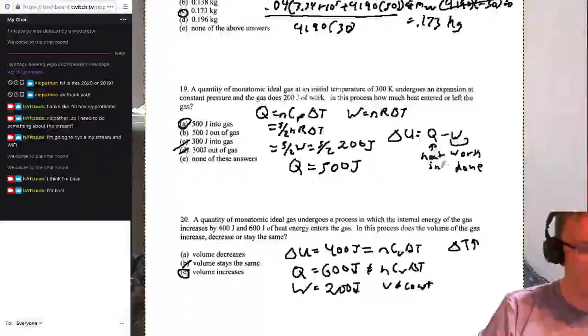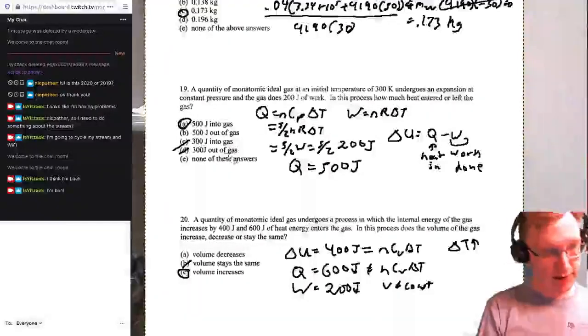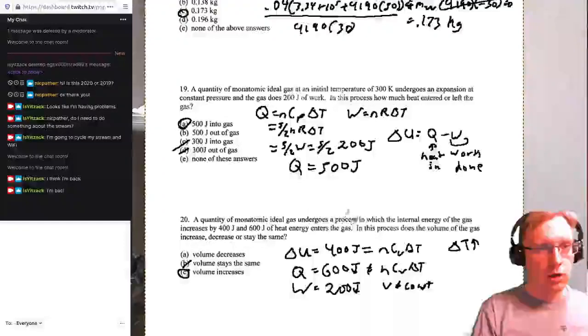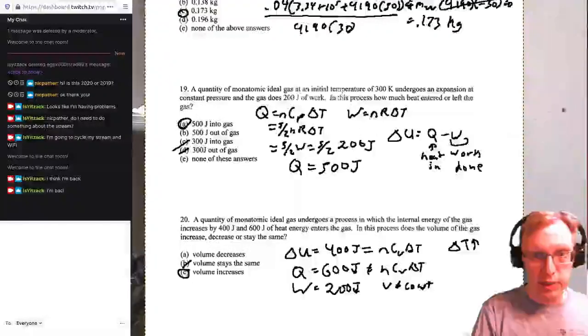So I have to trust that the sign conventions will work out. If work going out is positive, then heat going in must also be positive. So it's 500 joules going in rather than 500 joules going out. All right, well, that is the end of exam 4.